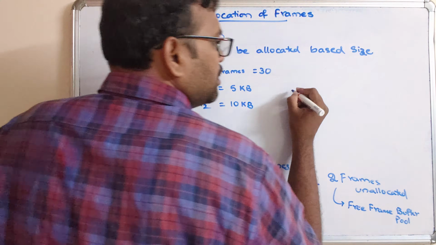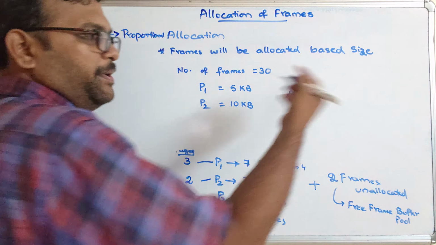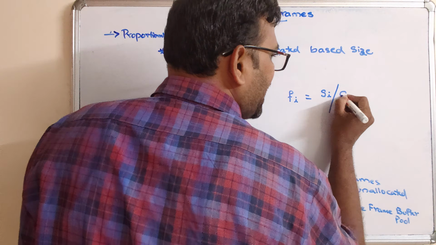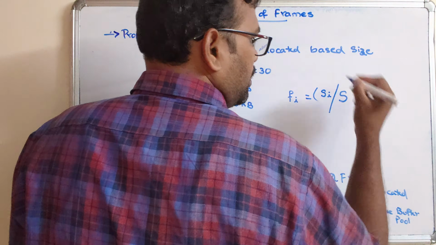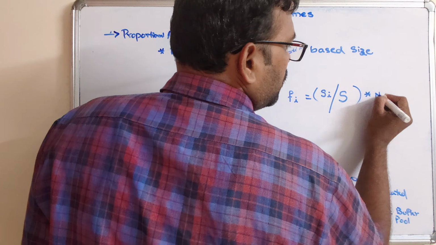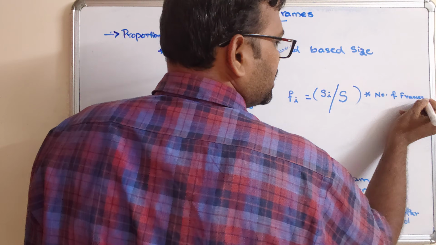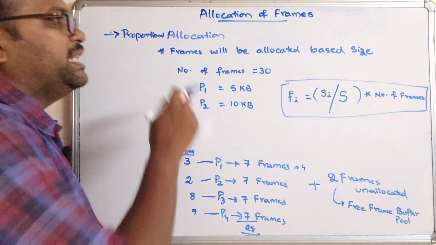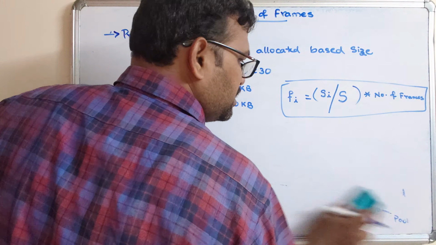Then the number of frames of a process will be calculated as the size of the process divided by capital S, the sum of all the sizes, into the number of frames. This is the formula, just remember this to calculate the number of frames which can be allocated in proportional allocation.